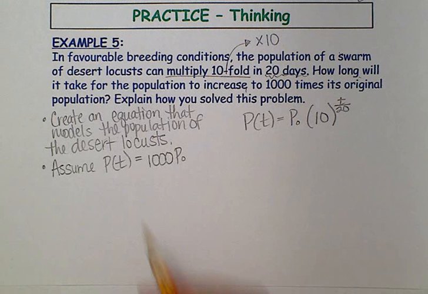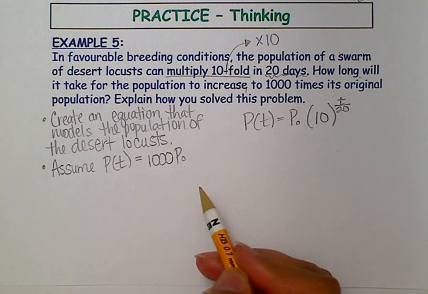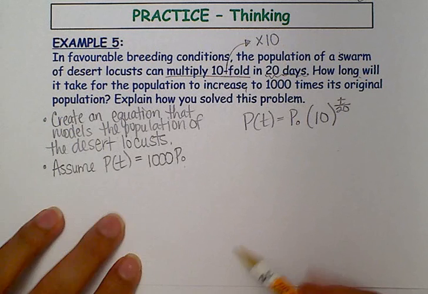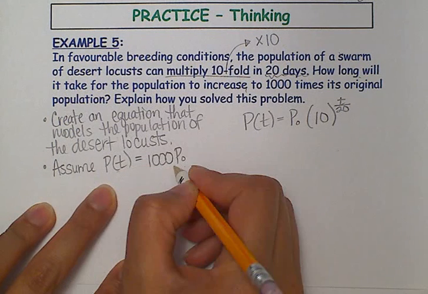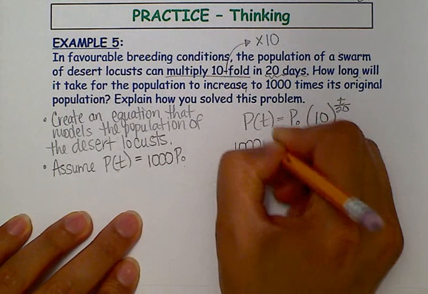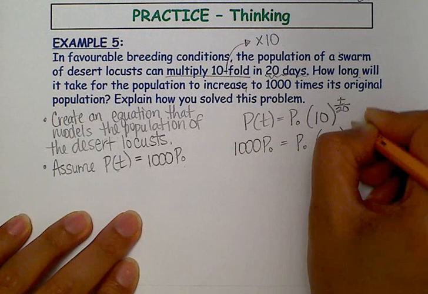Because I'm looking at 1,000 times the initial population, I actually don't need to know what the population value is. I'm just going to multiply the initial population by 1,000. So I can substitute in 1,000 P naught for P of t on the right hand side here. So I get 1,000 P naught equals P naught times 10 to the exponent t over 20.